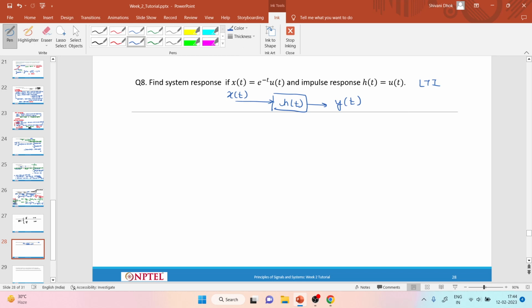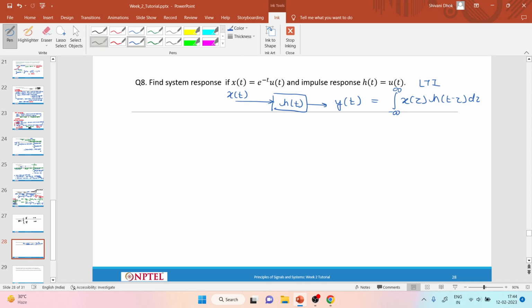So again this y of t will be equal to the convolution, the integral from minus infinity to infinity of x of tau h of t minus tau d tau.